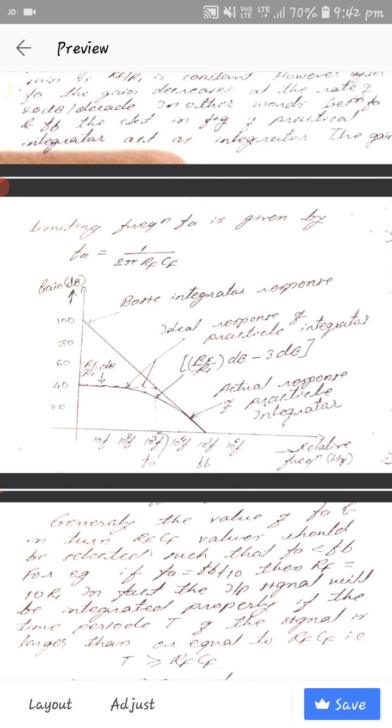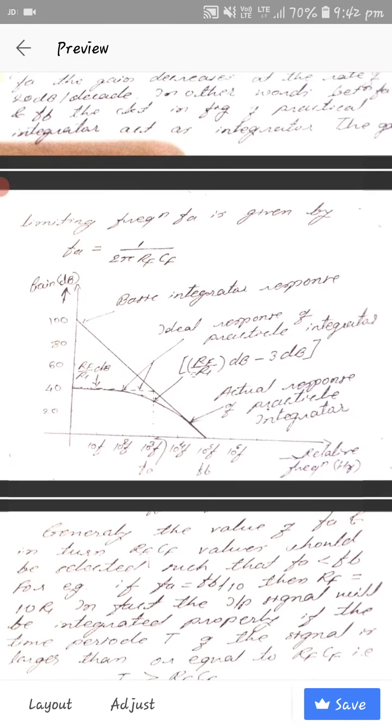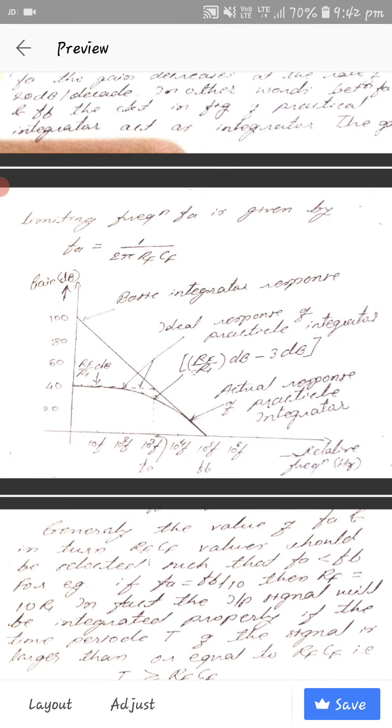The one straight line is the basic integrator response, which consists of the ideal response of the practical integrator, as well as the RF upon R1 decibel level.